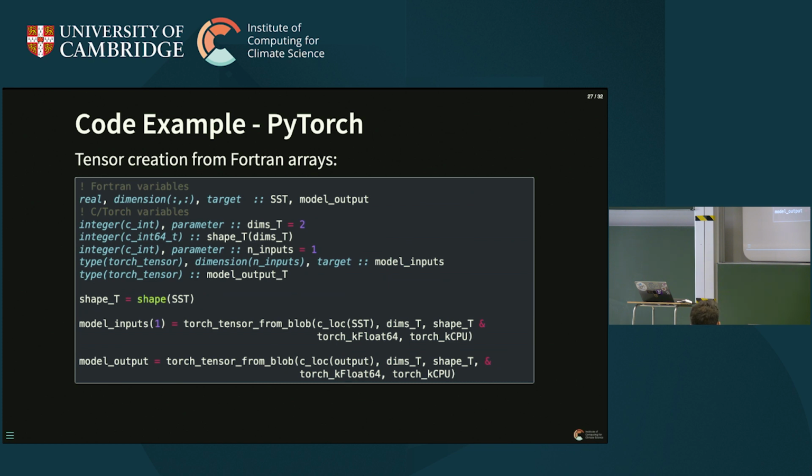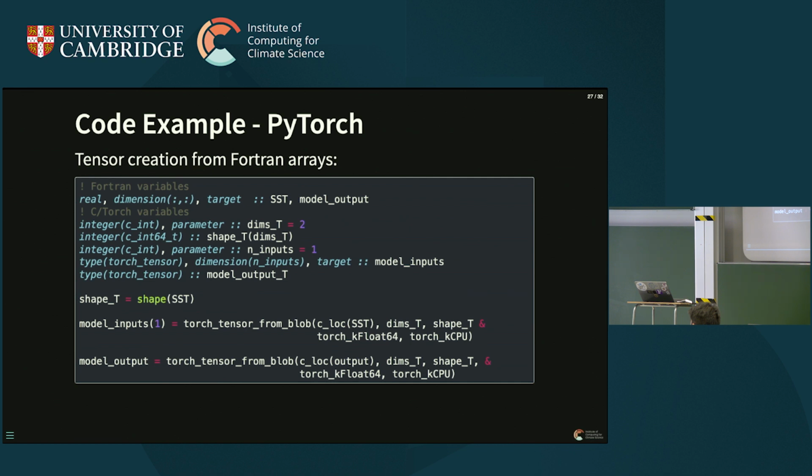Creating tensors is a little bit more involved. Suppose we have something like sea surface temperature here. This is a Fortran array of reals, data that's in a model, and output is whatever we want to get back. We need to create some things to store the data and give it to Torch. For this, we've created these types, Torch tensor here.